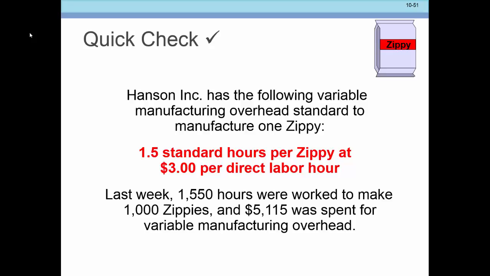I'm not armed with a calculator right now, so 3.30? Yeah, 3.30. Okay, good. So we've got 1,550 times a negative 0.30, which gives me negative 465. Is that the answer? Okay.